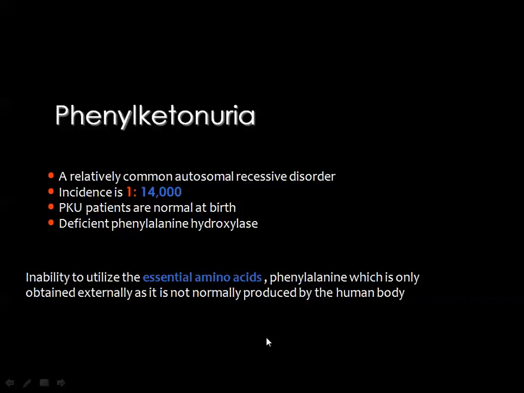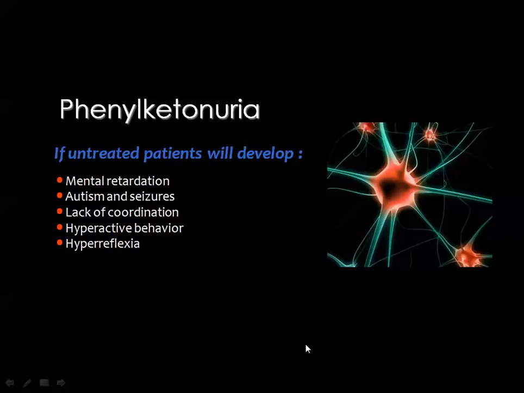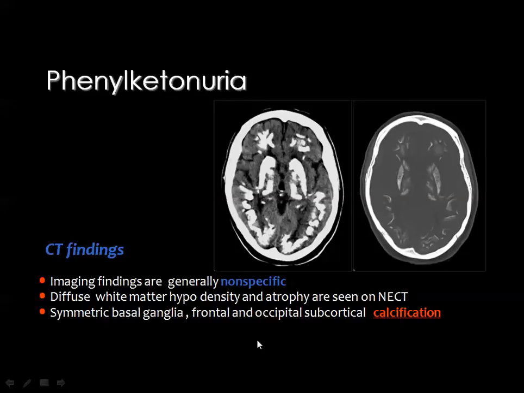And we should know that phenylalanine is only obtained externally, and it is not normally produced in the human body. Patients with phenylketonuria may suffer from mental retardation and some seizures, lack of coordination, hyperactive behavior, and hyperreflexia.